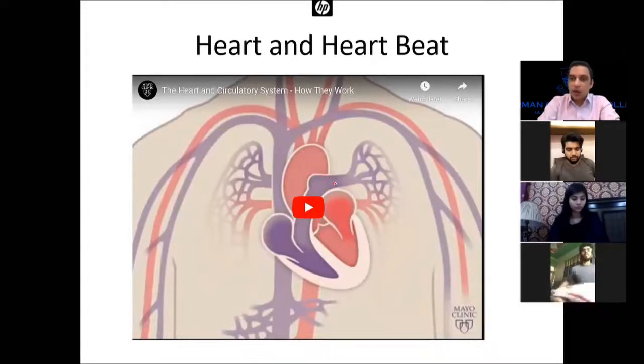So in a nutshell, the heart is responsible for the circulation of blood within our body to serve two important functions.